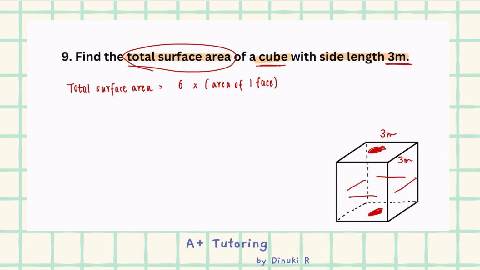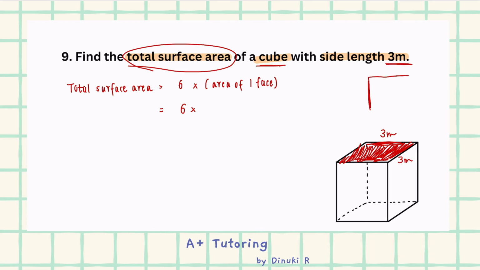Because we can just figure out the area of this top face, for example. We know that we've got 6 of these on a cube, essentially. So we've got 6 times, how do we figure out the area?